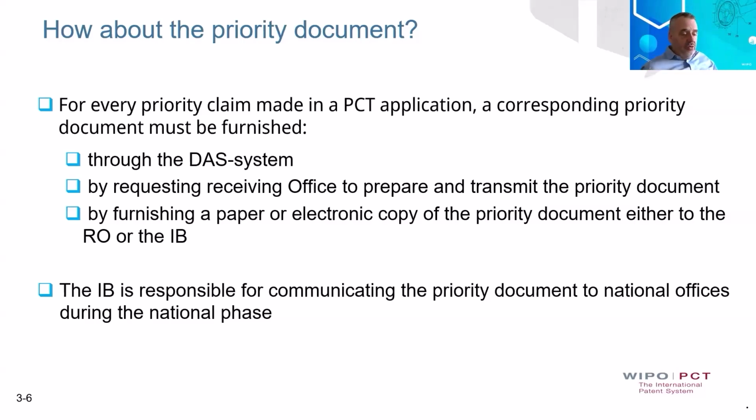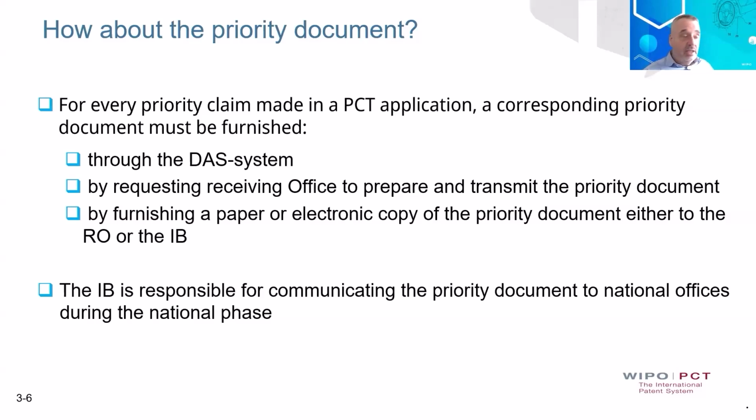Now, let's suppose you did all the steps you need to do, then you should be receiving an access code, and that's the code you can then include in the request form as you file your PCT application. If you don't have the code at that stage, you also have time to furnish it later. But of course, the easiest is if you already have that code and you enter that code as you submit your PCT application.